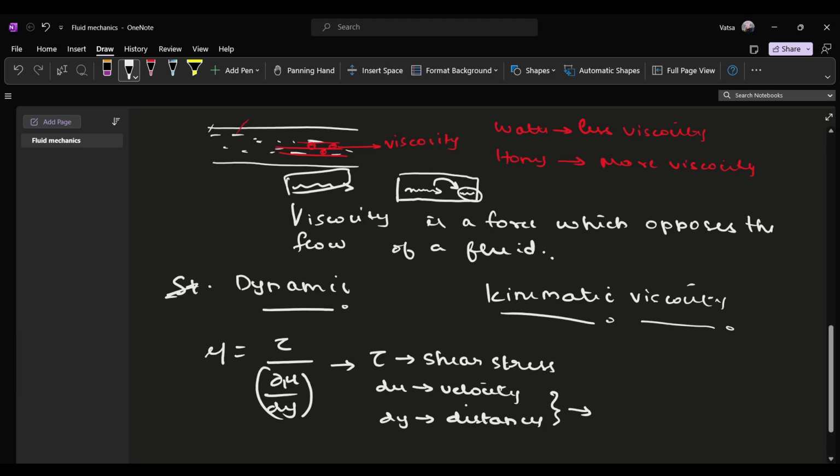Just keep in mind that this is just a ratio, but it can also be a differentiation. But if the distance and velocity are given, take du as the velocity and dy as the distance. Hope that's clear.